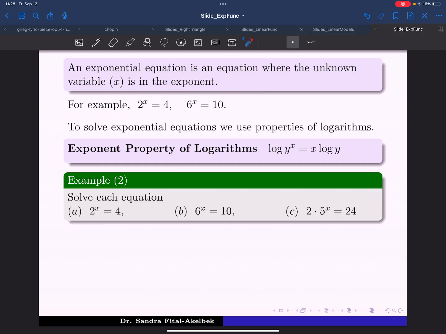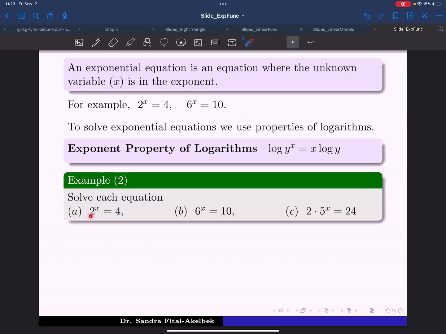The exponent property of logarithms says the log of y to the power x, that x can go in front of the log. That's the property of the logarithm, that this x can be multiplied to the front, x log y. And that's how we're going to keep solving the exponential equations.